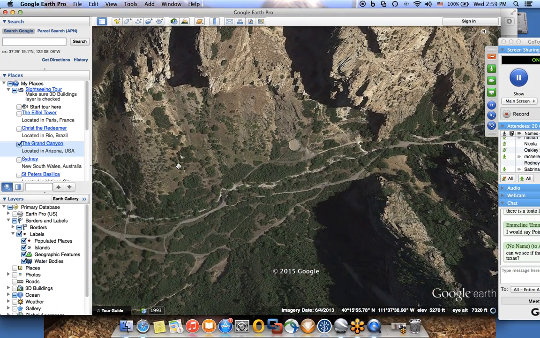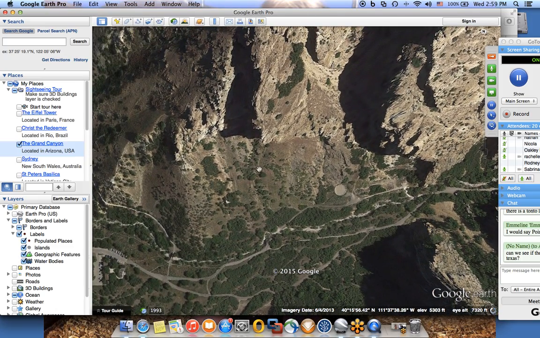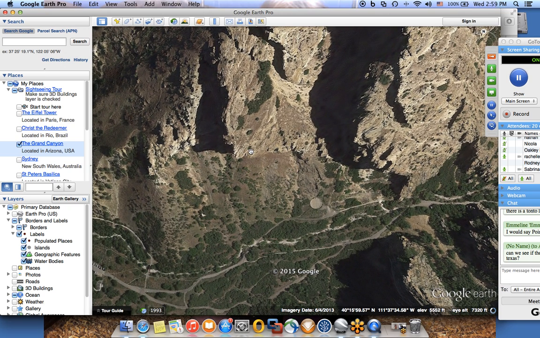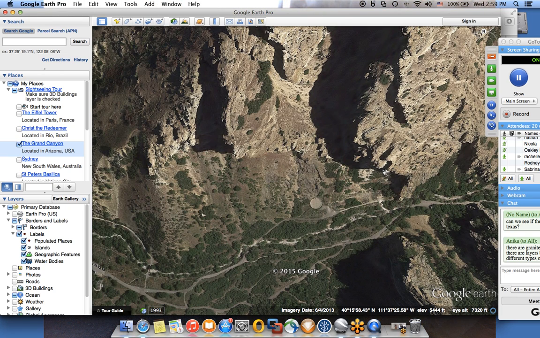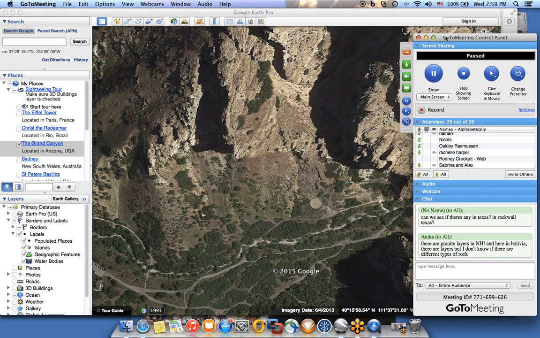So if you ever go rock climbing, you have to be careful to understand what type of rock you are climbing in. Because if you climb on sedimentary rock that is not cemented together, it would break and you would fall. Okay, so you have to be careful.